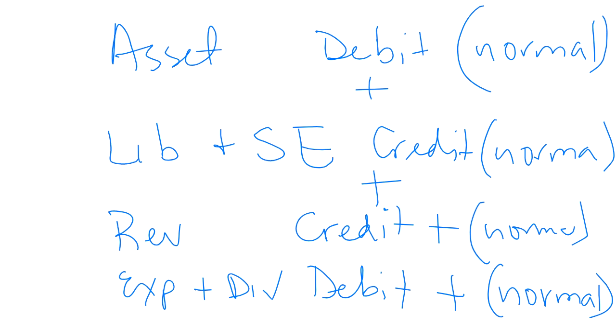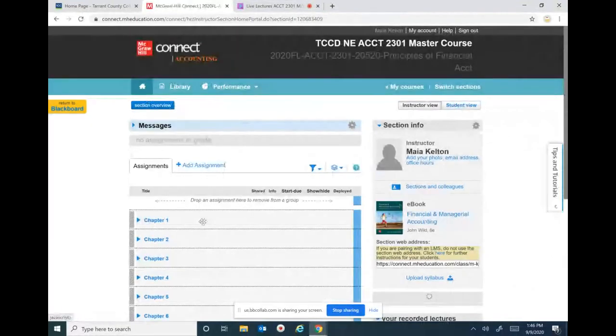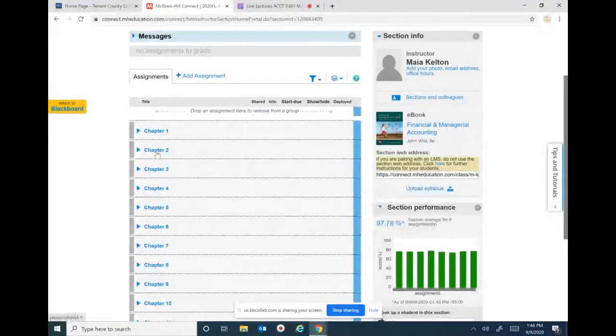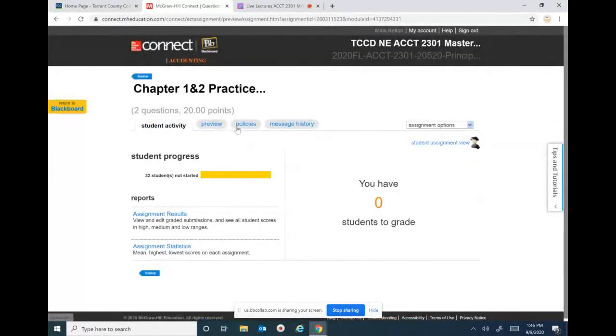Okay, here we go. So let's go back to McGraw-Hill, and I'll make sure I'm sharing my application screen with you. So here is McGraw-Hill Connect. The second problem, and I'll go back to the student view because this is chapter 1 and 2 practice problems that go with today's lecture.